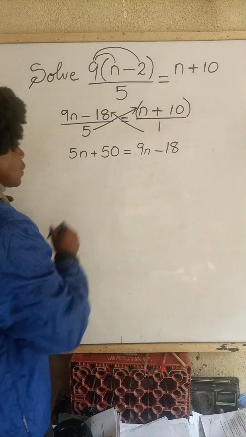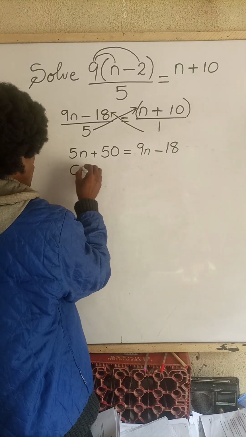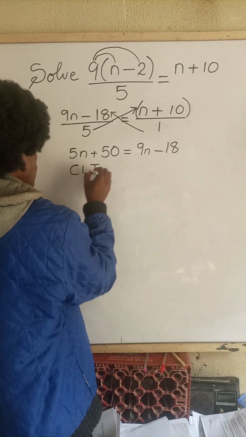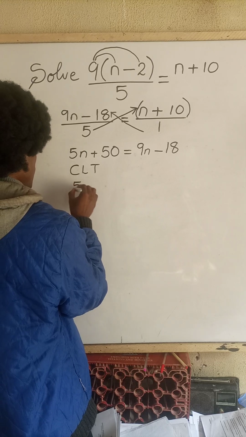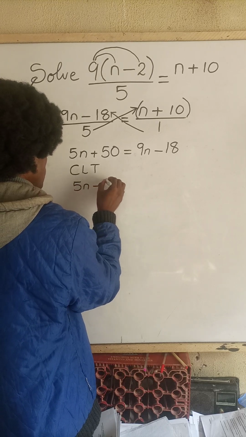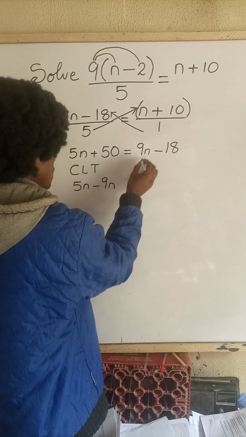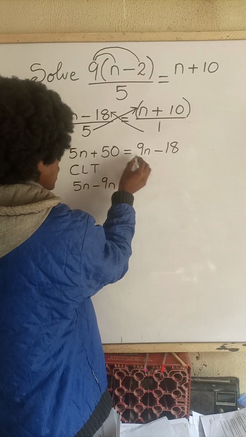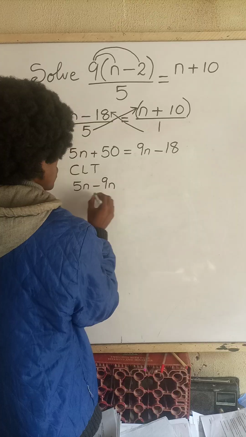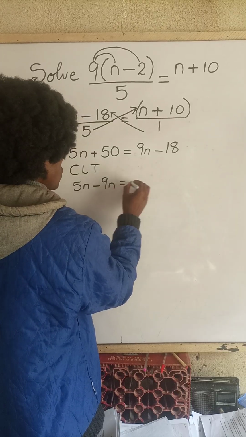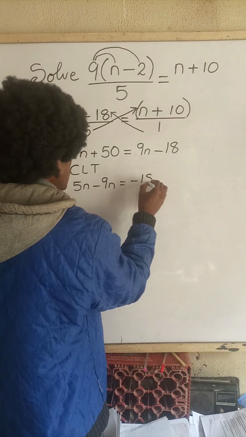So the next thing that I will do now will be, I will collect the like terms together, which is 5n minus 9n. When this 9n crosses this equality sign, the sign will change from invisible plus to minus, equal to minus 18.